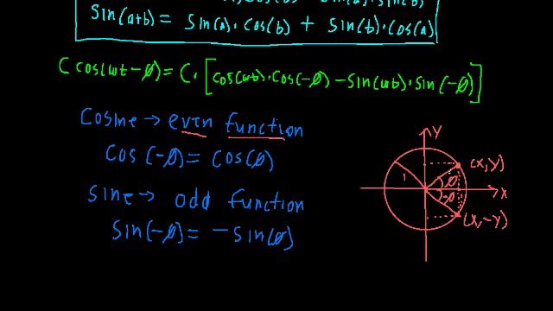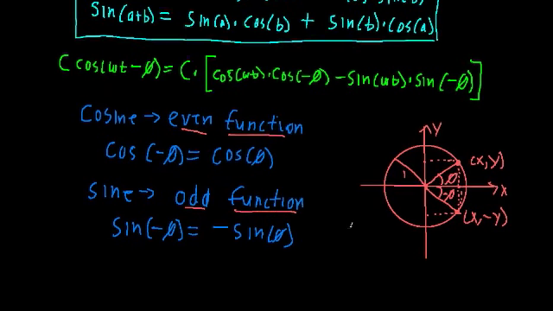Now with sine, sine of phi is equal to y. So sine of negative phi corresponds to our negative y. So sine of negative phi is equal to negative sine phi. And we call that an odd function.